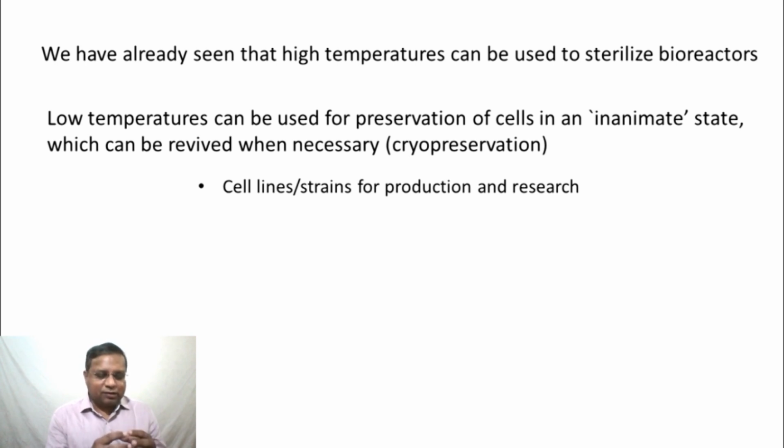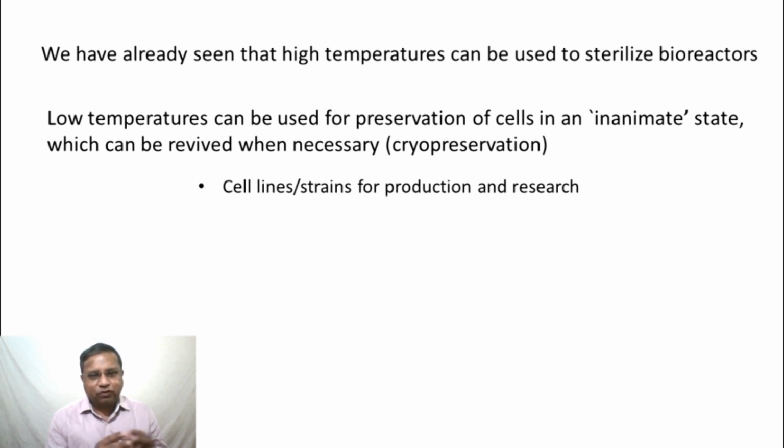So what is done is, a good amount of some cells with desirable properties, after they've been modified to give those desirable properties, are actually stored in an inanimate state at low temperatures, at liquid nitrogen temperatures in fact.